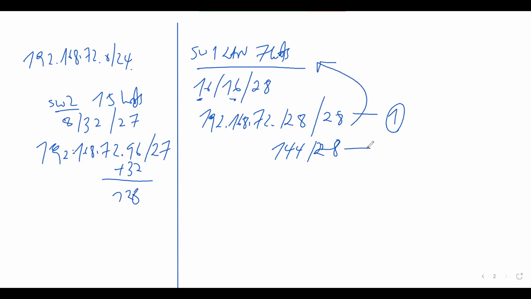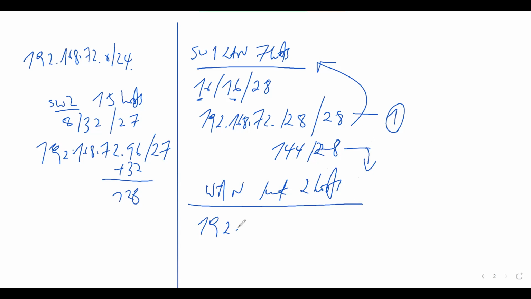In this one, we're going to be subnetting it to accommodate the next requirement that we have. And the next requirement is for the one link, which has 2 hosts, right? For those 2 hosts, we are going to be using the subnet 192.168.72.144.